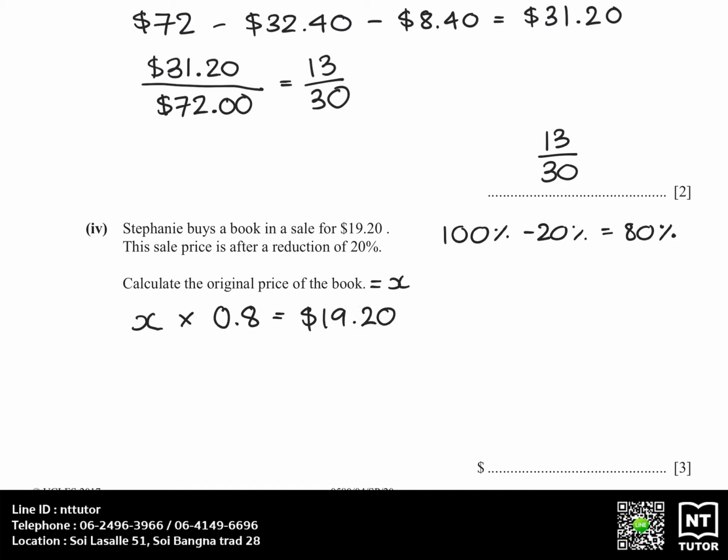And if we divide both sides by 0.8 so that we have X on its own, the 0.8s cancel out, leaving X equals 19.20 divided by 0.8 equals $24.00. Therefore, the original price of the book is $24.